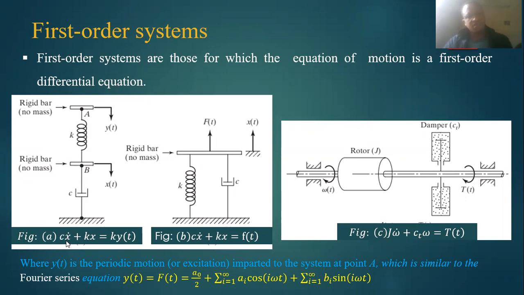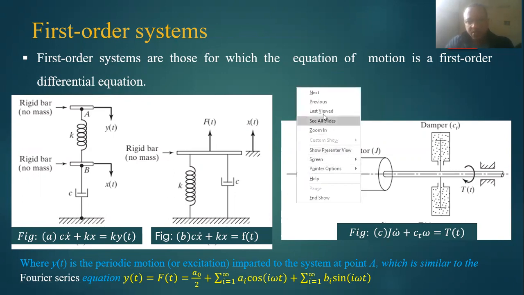So the governing differential equation for this system is C x dot plus K x equals K times y of t. Actually we can represent it as C x dot plus K times x of t minus y of t, because there is a relative displacement between the two.